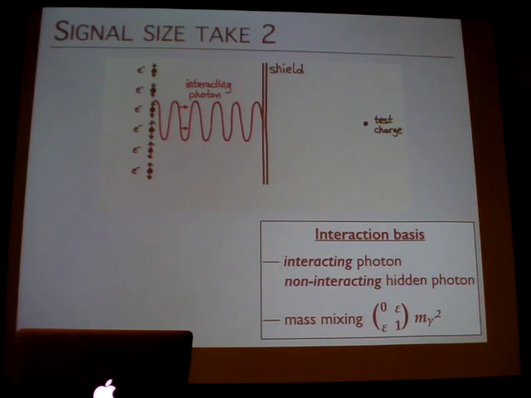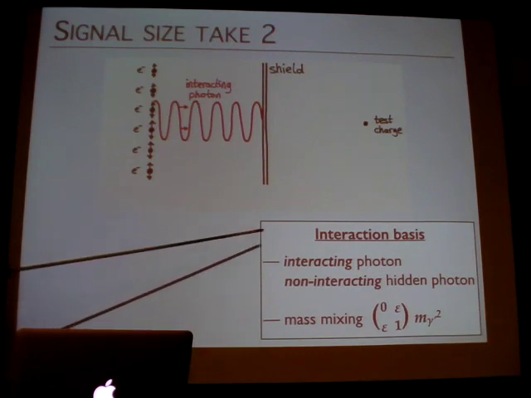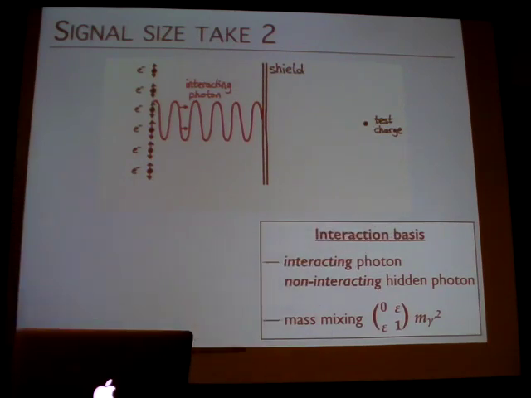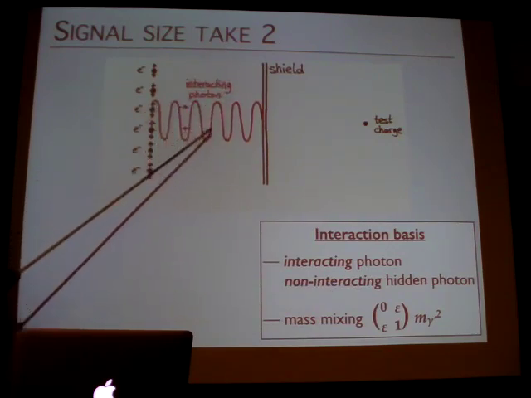All right. Good. So let's first discuss the case of the transverse modes. Here, this is what is happening. Let's think about it in the interaction basis, right? So when you shake your electrons, you're going to produce the interacting photon. That's what's coupled to electrons, and that's a linear combination of both the two mass eigenstates. They're both coupled to each other, right? Now the shield is supposed to block this photon.